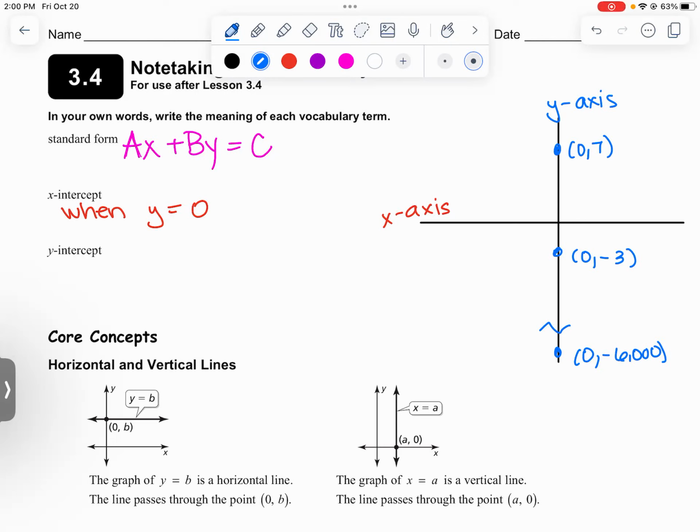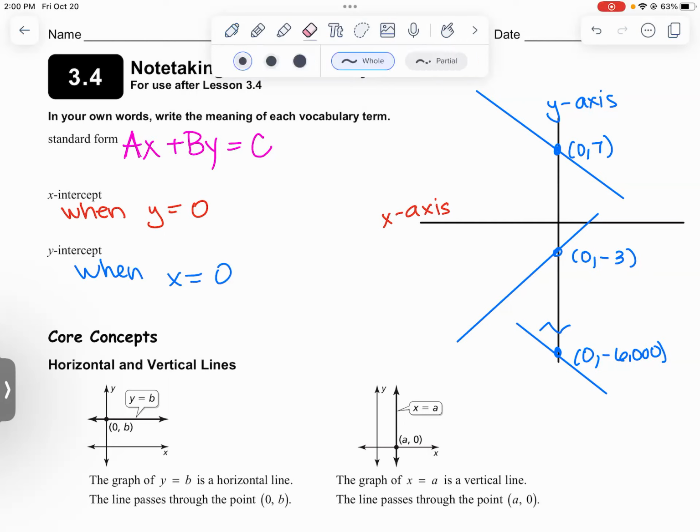The x-coordinate equals 0. So if I have a line that's going through the y-axis, we call that the y-intercept. And when a line is intercepting the y-axis, the x-coordinate is always going to be 0. But not at the same time unless it's the origin.